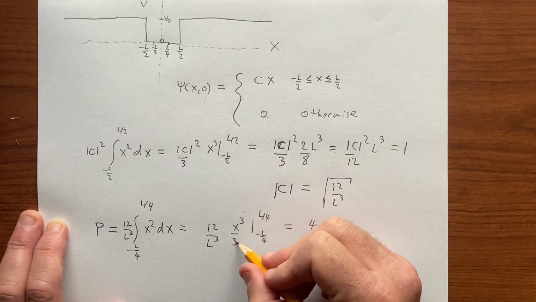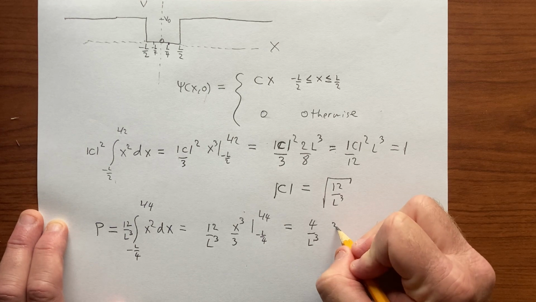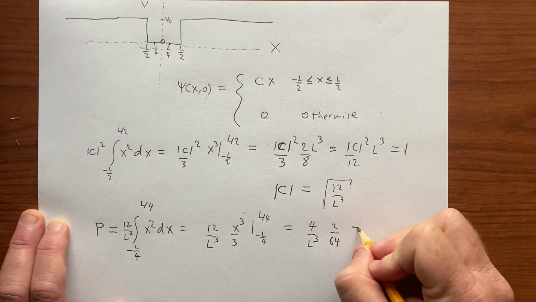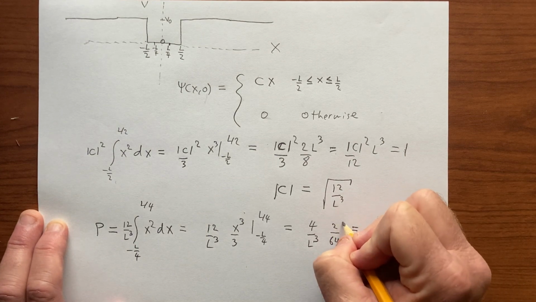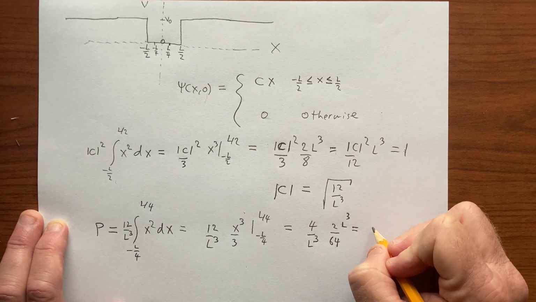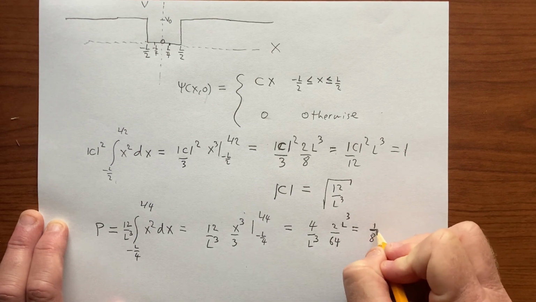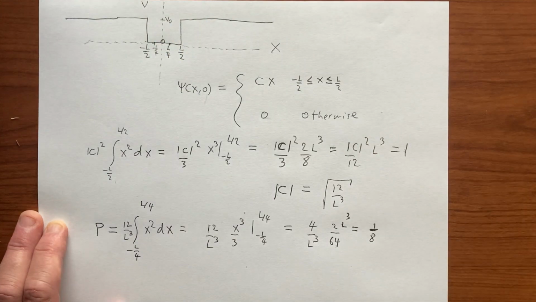We have 4, that's what we're cubing, and so we get 2 factors of 1 over 64, and the L cubed, of course, and that gives us 1/8. So the probability of finding it in this region here, between here and here, is 1/8.